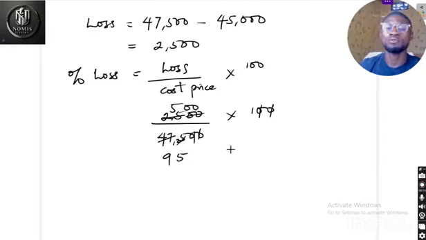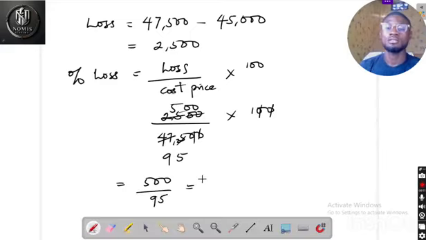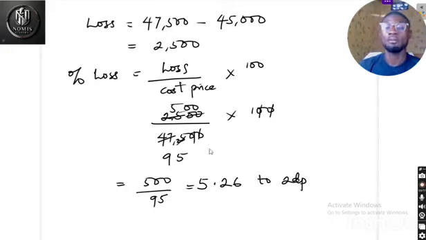So I'm left with 500 all over 95, which is 5.26 to 2 decimal places. So the percentage loss is 5.26 percent, and that's our final answer.